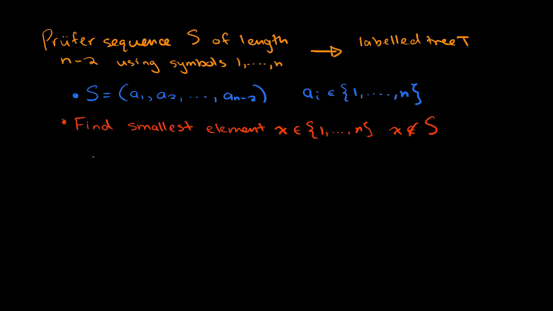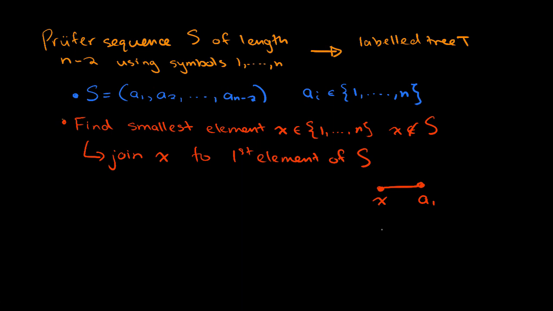Then join this x, so make a vertex with label x, to the first element of S. Really that means you're going to have x being joined to whatever is the first element; in this case, it's A1.